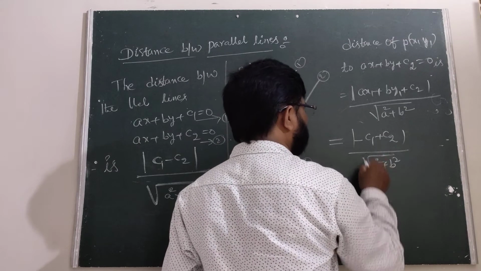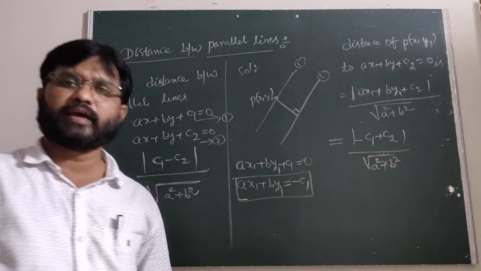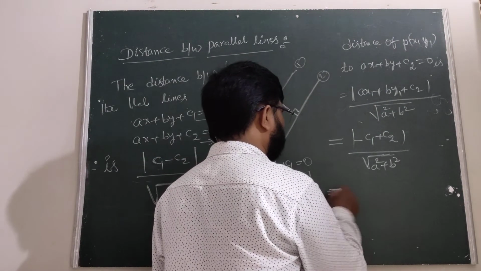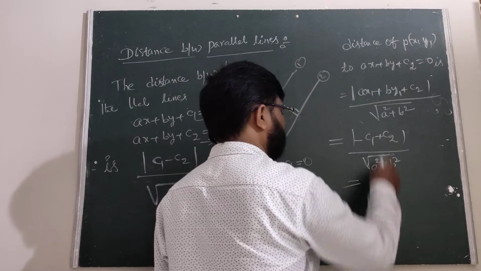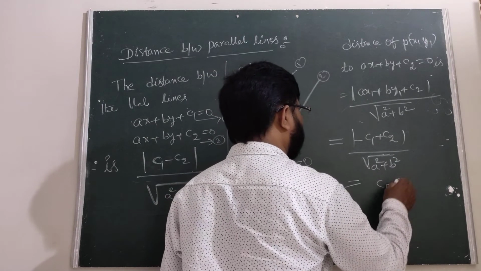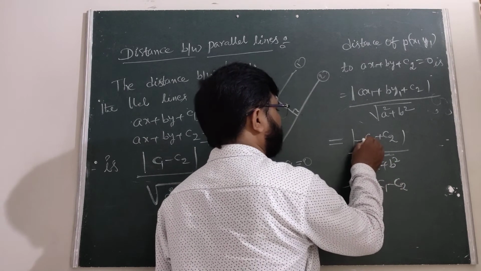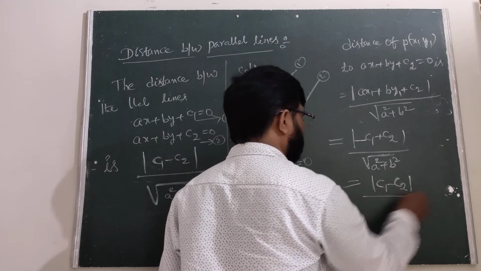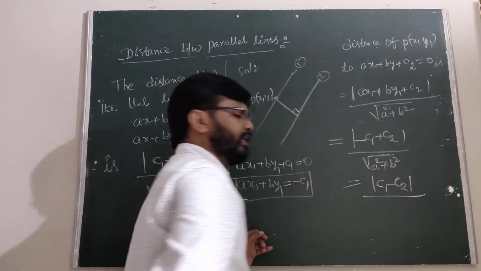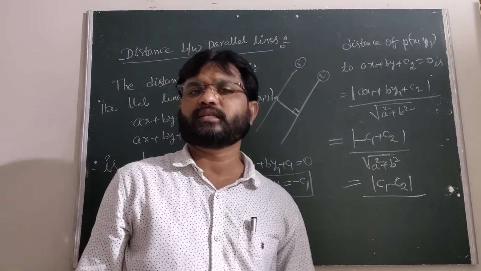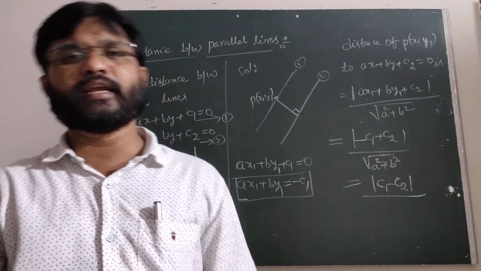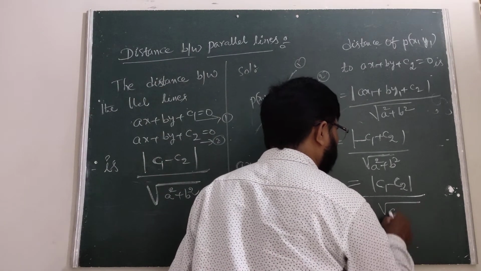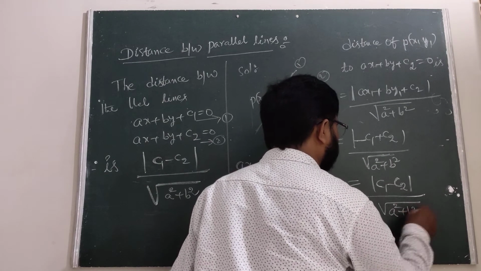In modulus, either a minus b or b minus a are the same. Taking the minus common, this is the modulus of c1 minus c2 upon root of a square plus b square.